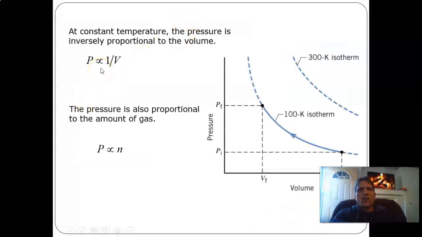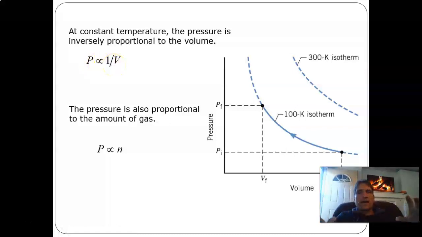Experimentally, it also has been determined that if you keep the temperature of a gas fixed, the pressure is inversely proportional to the volume. What that means is that if the gas expands to fill a larger volume, the pressure exerted by the gas is smaller.